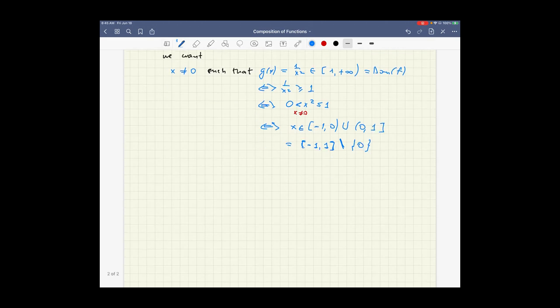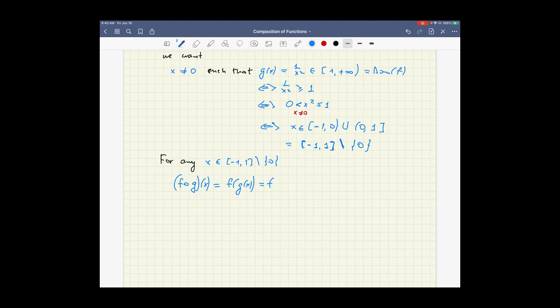Now, for such x's, for any x in this set, we can find f composed with g of x, which is f of g of x.